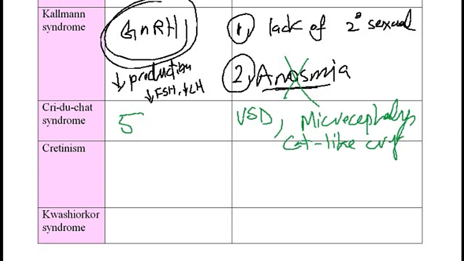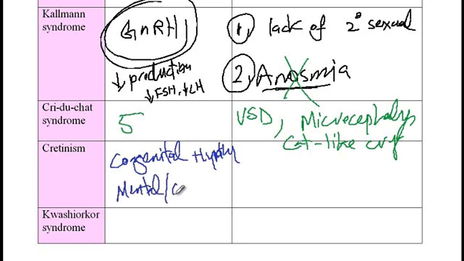The next condition is cretinism, which is due to the congenital hypothyroidism. And these patients present with mental and growth retardation.